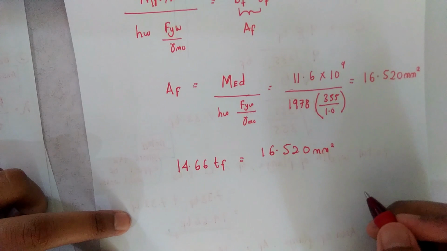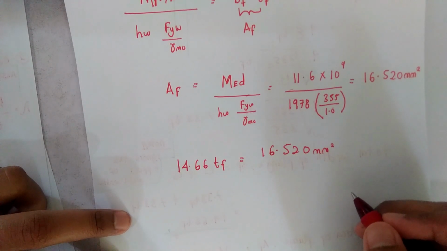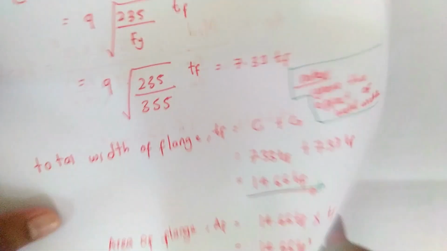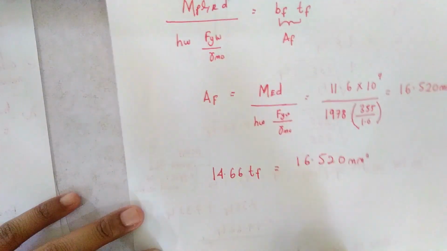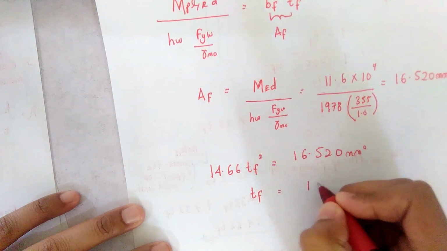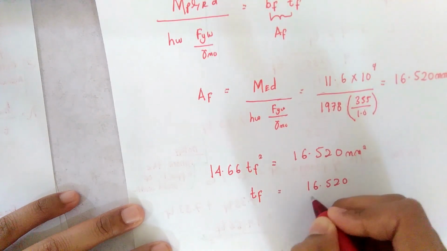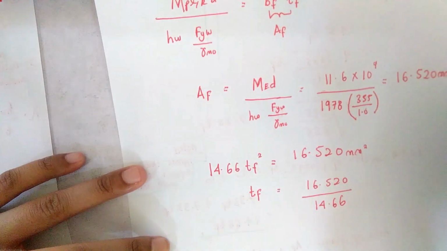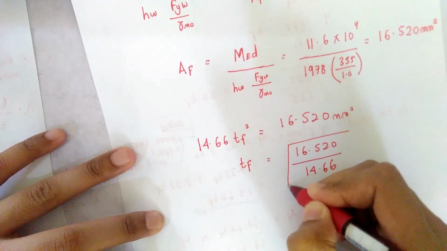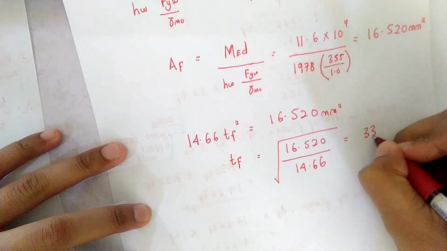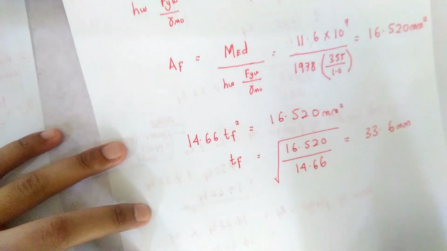Then you can have your t_f value. Just to double check, t_f squared: if you calculate 16,520 divided by 14.66, square root, you will end up with your thickness of flange equal to 33.6 mm.